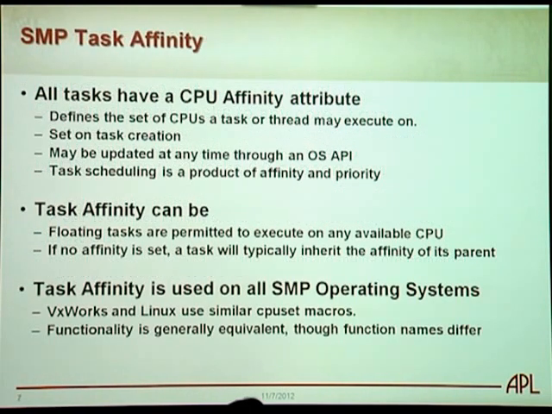Okay. So, I mentioned task affinity. In symmetric multiprocessing mode, affinity is basically a bit mask that states what cores a process can run on.